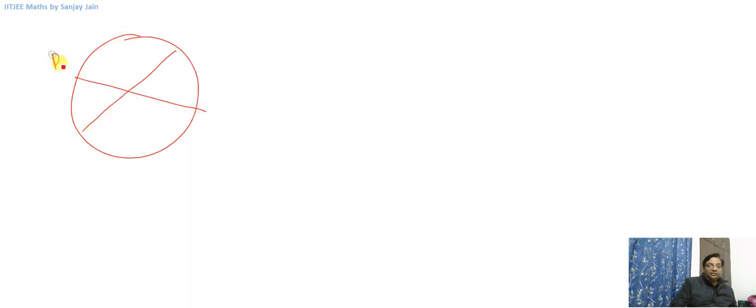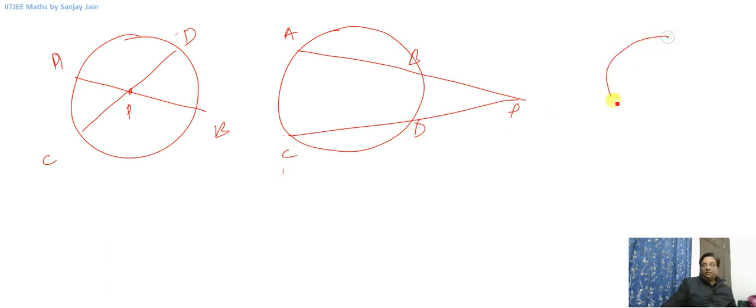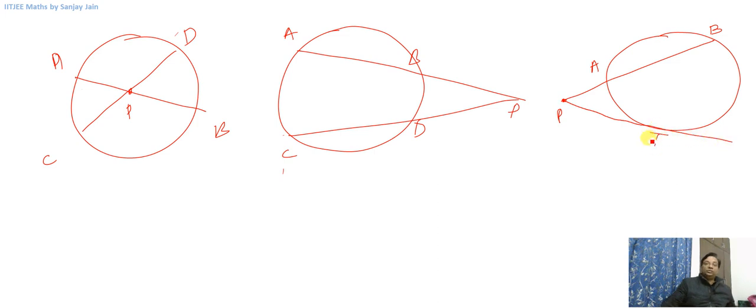So what have we learned so far? That if there are two chords that intersect inside the circle, let us say this is AB, this is CD, and these intersect at this point P, or if we have got two chords AB and CD intersecting outside the circle at P. Or we studied about third case where let us say there is this point P and this line intersects the circle at A and B, and there is another line which is tangent to this circle.